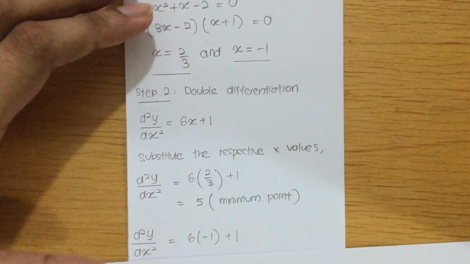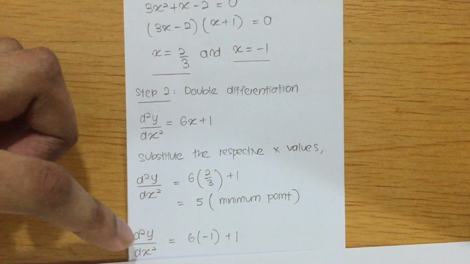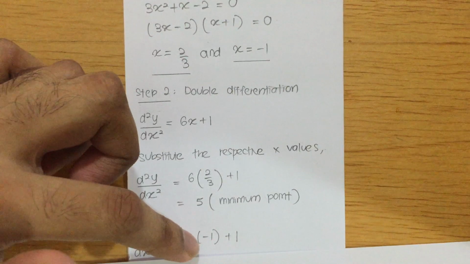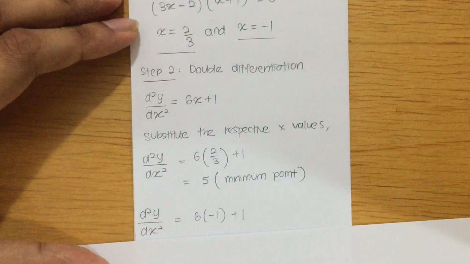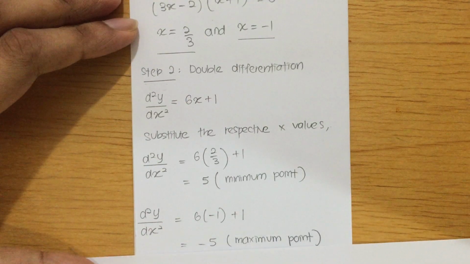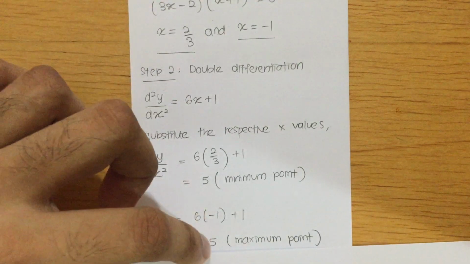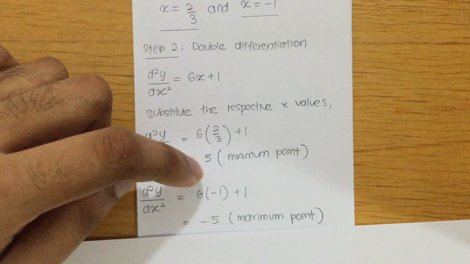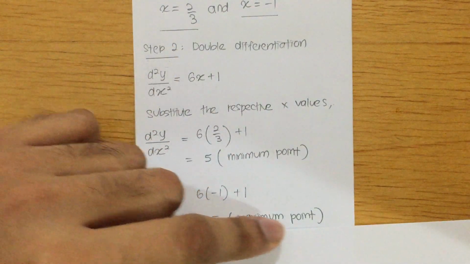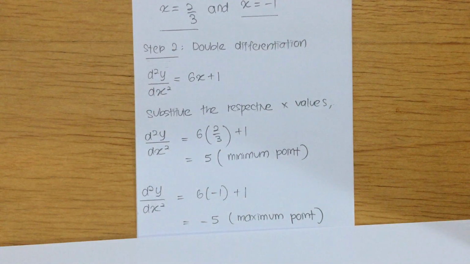So when x = -1, d²y/dx² = 6(-1) + 1. So from here you get your d²y/dx² equals to -5. Alright guys, since this is a negative value, this point where x = -1 gives you a maximum point.